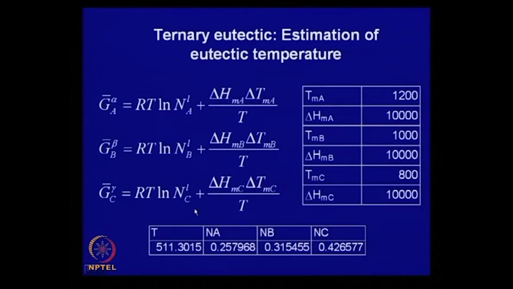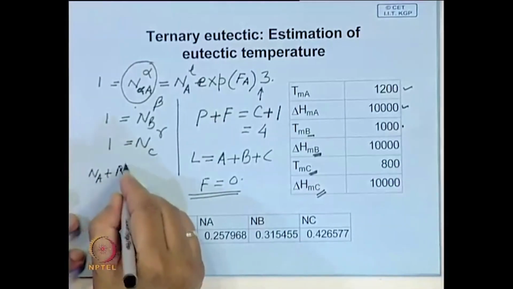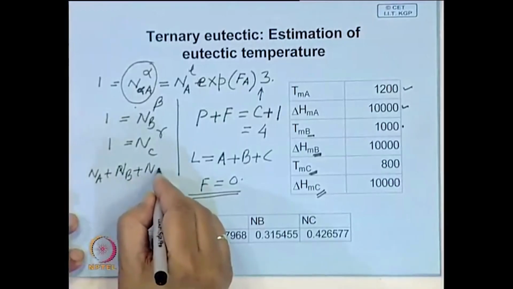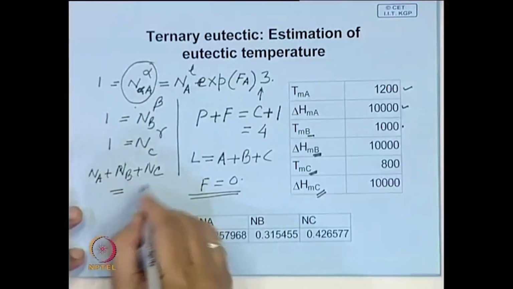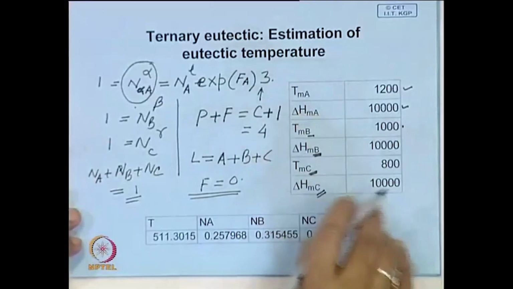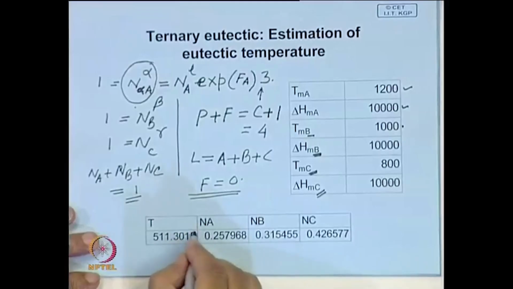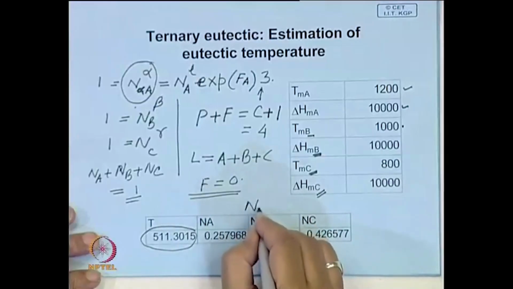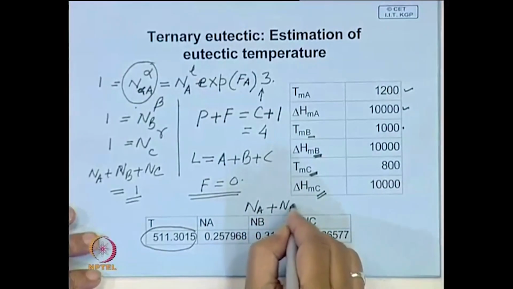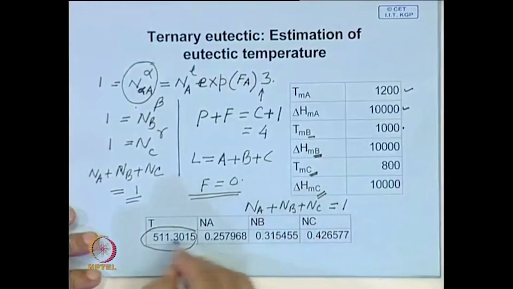In that case, N A plus N B plus N C, which represent the atom fractions of A, B, C in the liquid, should be 1. So, what you need to do is a simple iteration process. The only unknown is this temperature. Change this temperature to satisfy N A plus N B plus N C equal to 1. If you do this, you will get the exact temperature.